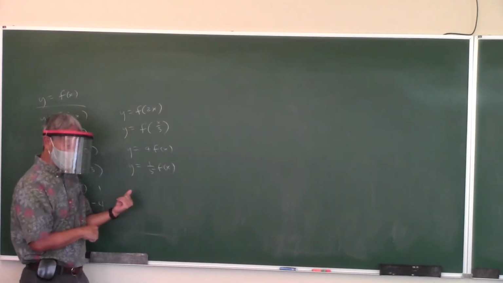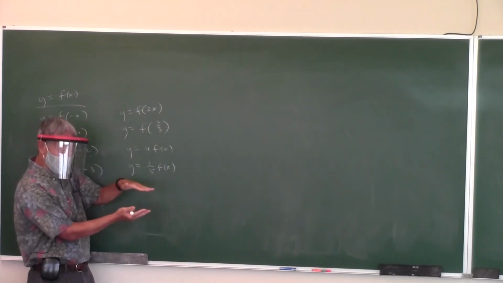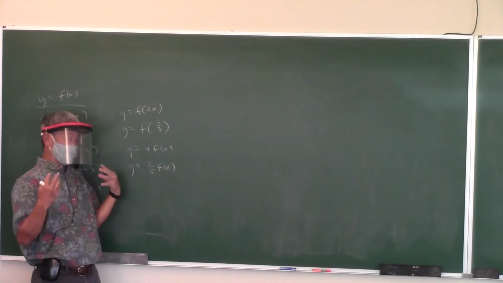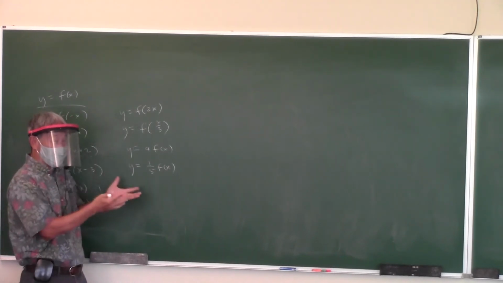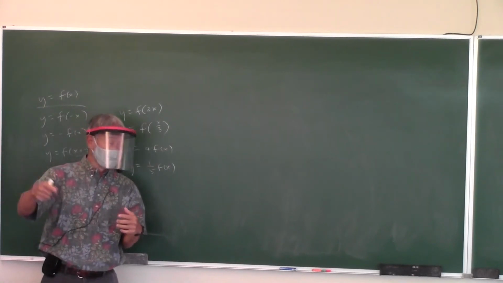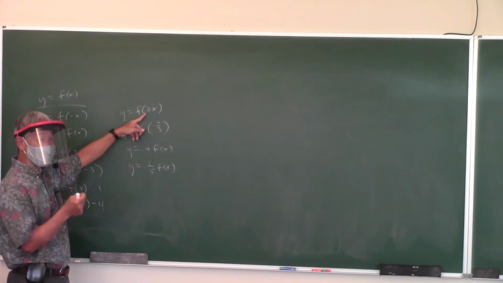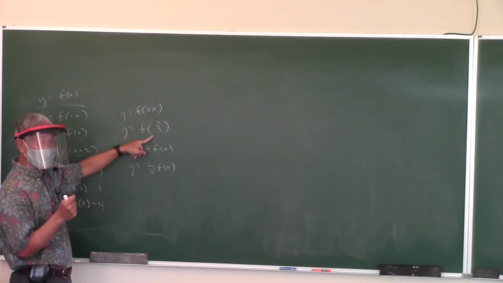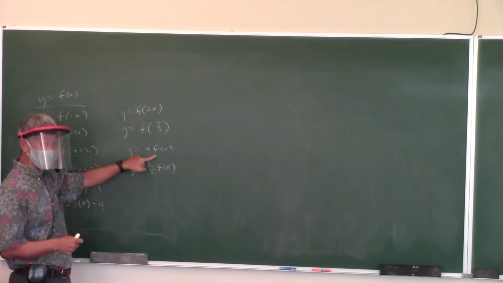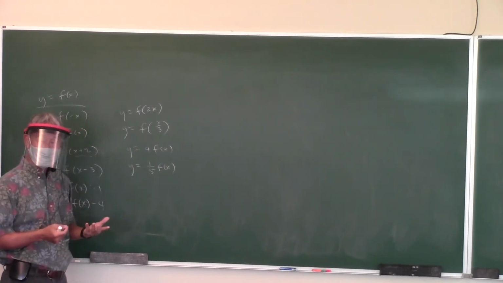This will multiply the y coordinates by 1/5, which results in a vertical shrink. I don't really care how you think of it. It's the same thing, but when you're drawing graphs, because you're going to have to draw a lot tonight, it's just easier if you think multiply the x coordinates by 1/2, multiply the x coordinates by 3, multiply the y coordinates by 4, and multiply the y coordinates by 1/5.